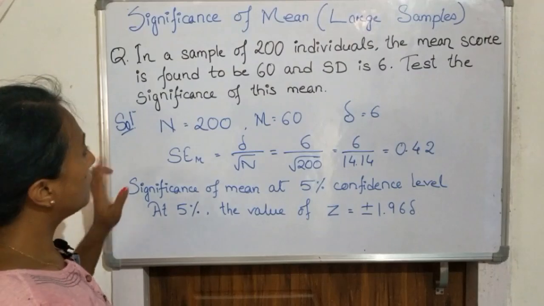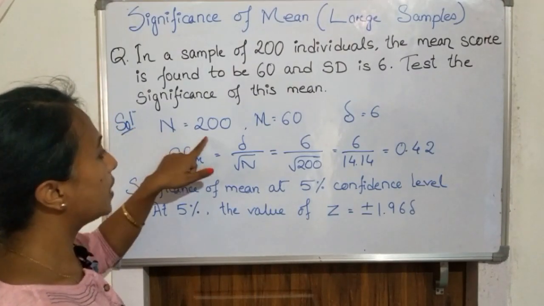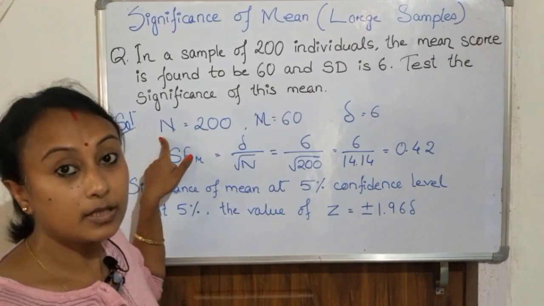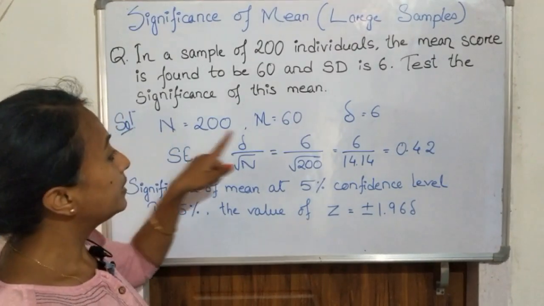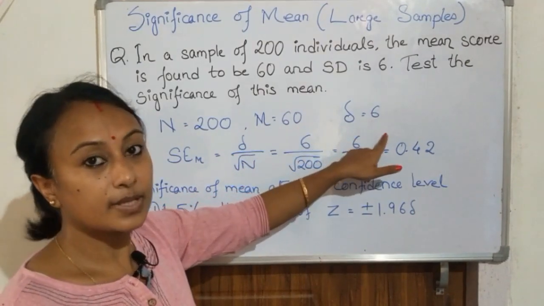From the question we have the data: n is 200, which symbolizes the size of the sample, M is 60, and standard deviation is 6.